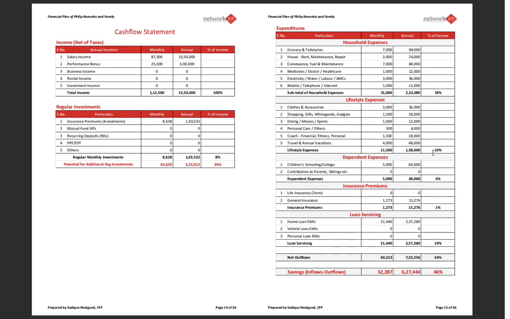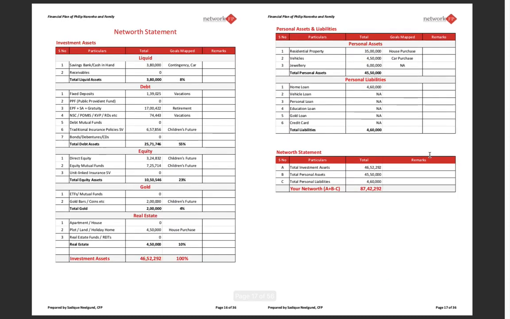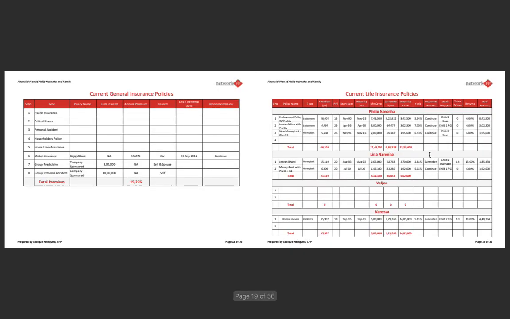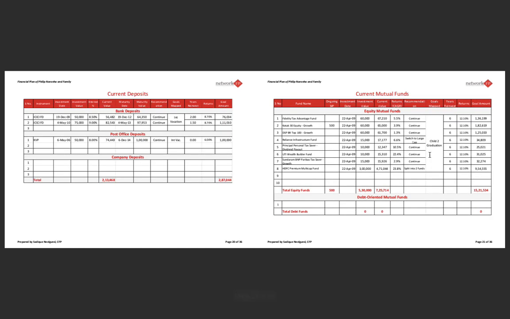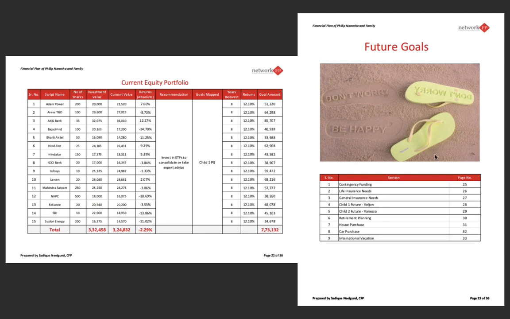The whole plan is structured as: what is your current situation, what are your future goals and dreams, and what do you need to do about this. It's all structured in one place in a very neatly formatted way. Cash flow statement and income expenditure statements, net worth statement, the current general insurance policies the client has, the current life insurance policies, the current deposits, the current mutual funds, current equity portfolio.